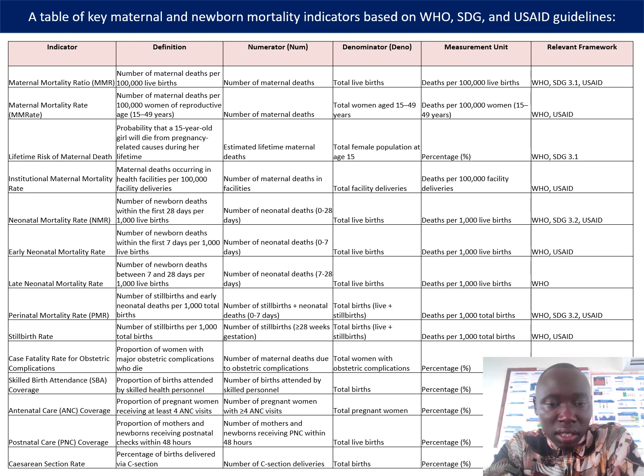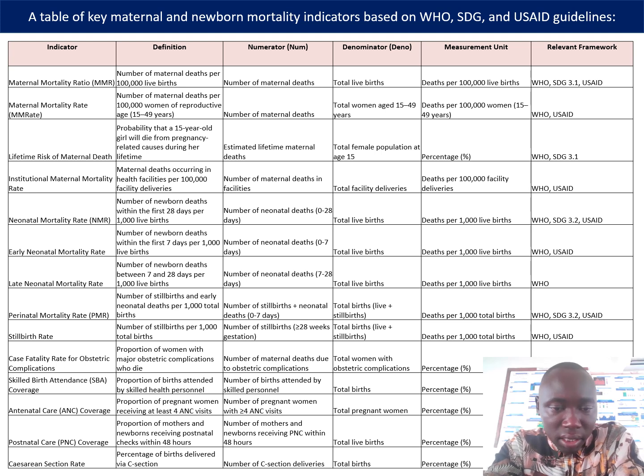That is perinatal death. So we're going to look at the number of stillbirths plus neonatal deaths, just the way you're seeing here. Still, it's over total live births plus stillbirths. So it's deaths per 1,000 total births. That's how it is measured.